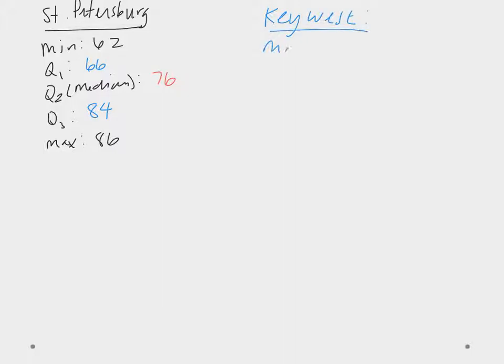Again, we need the min, quartile 1, quartile 2, which we know is the median, quartile 3, and then we need the max. So again, we need to put Key West in order.